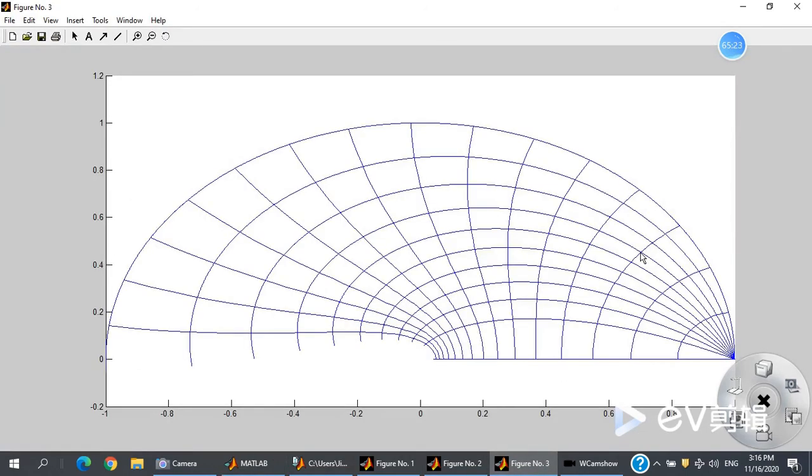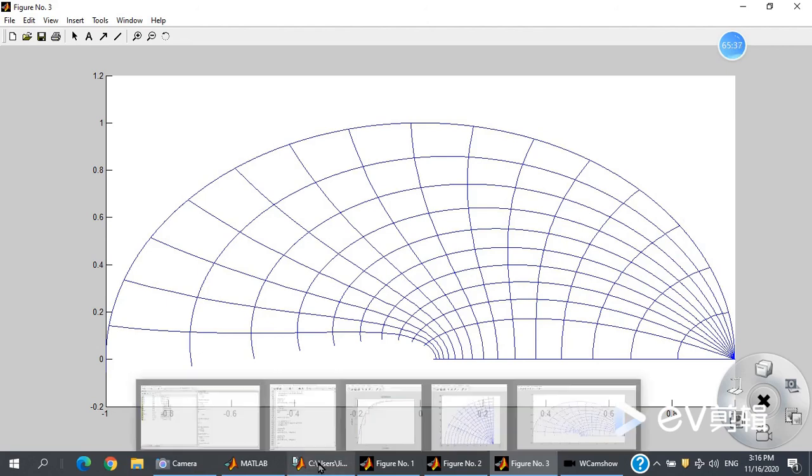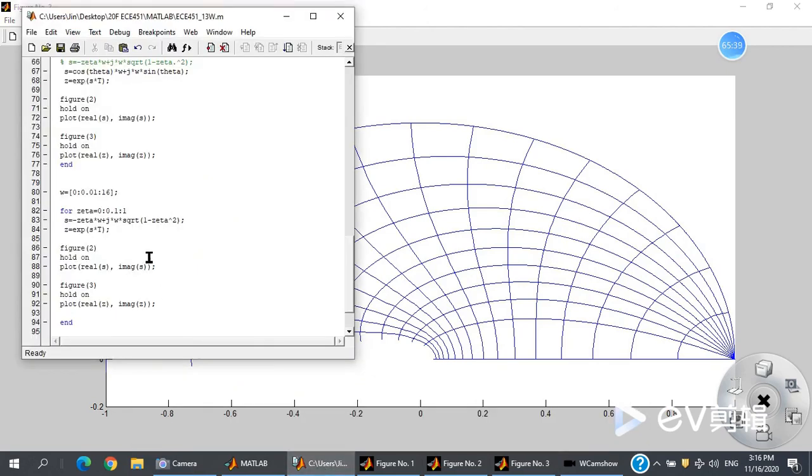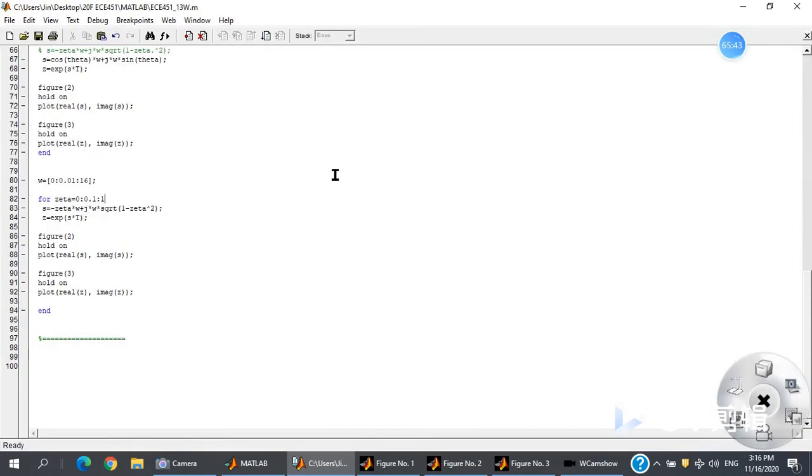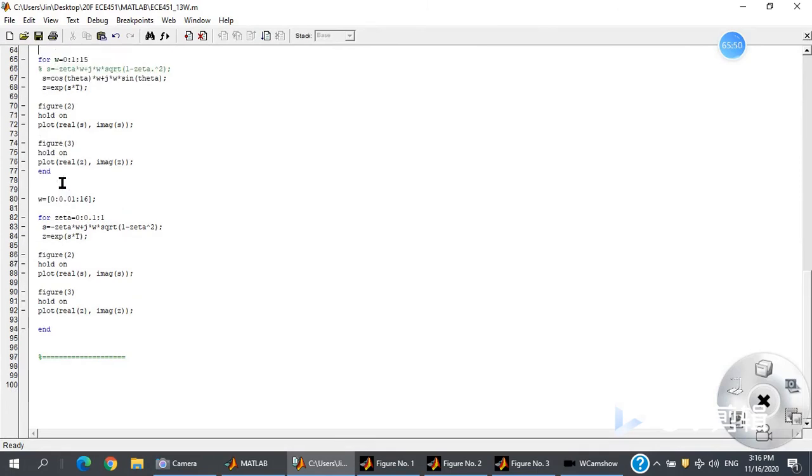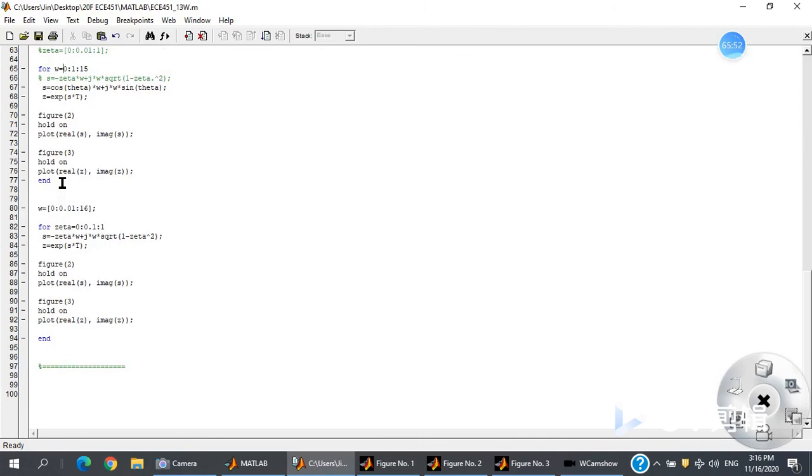And then for the omega, you see this circle according to the omega. Omega runs from 0 to 15.